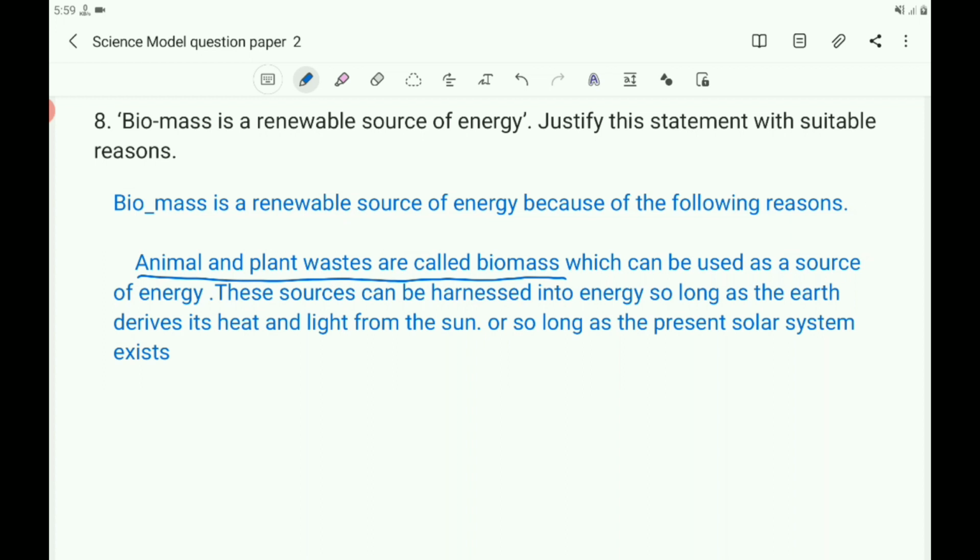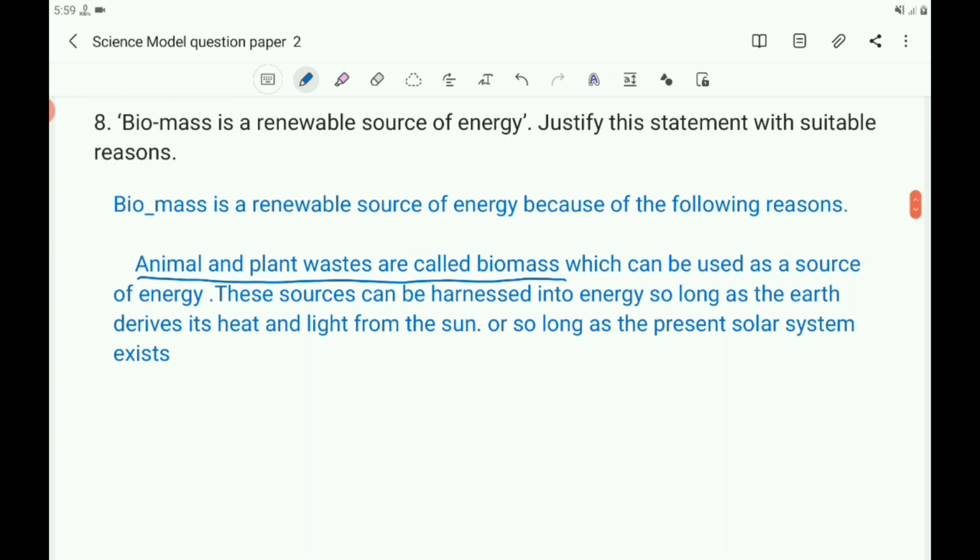These sources can be harnessed into energy so long as the earth derives its heat and light from the sun, or so long as the present solar system exists. So, as there is a continuous supply of energy from the biomass, therefore you can say that biomass is a renewable source of energy.